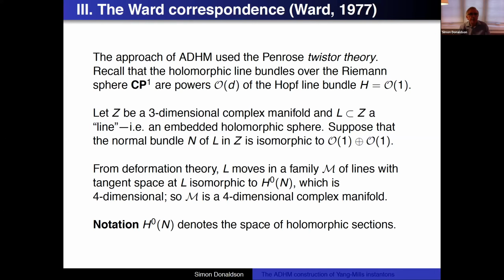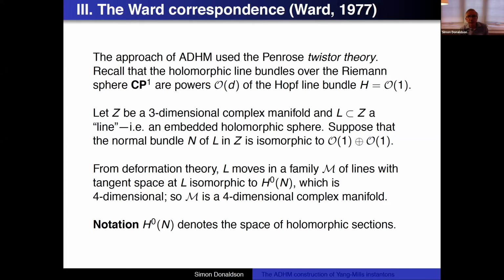So to describe something about this Twistor theory, we want to consider a three-dimensional complex manifold, Z, which contains what we'll call a line, that's to say a holomorphically embedded copy of the Riemann sphere.